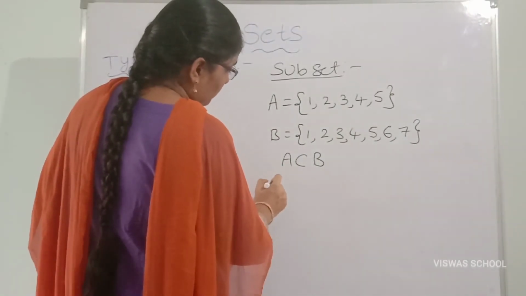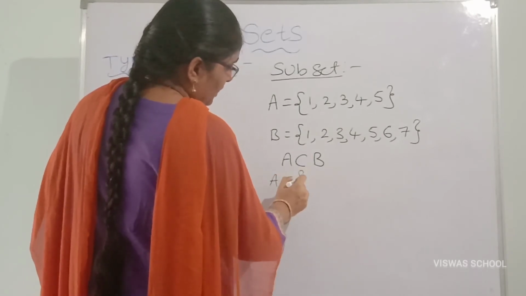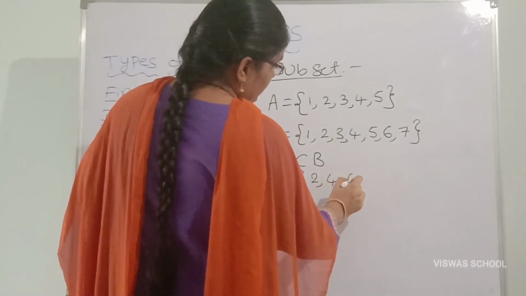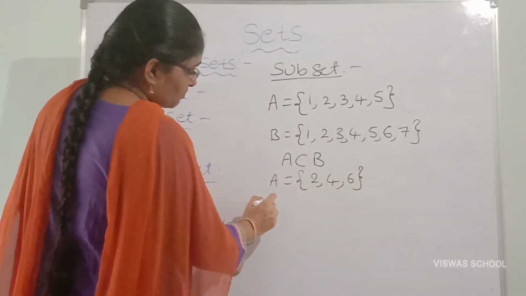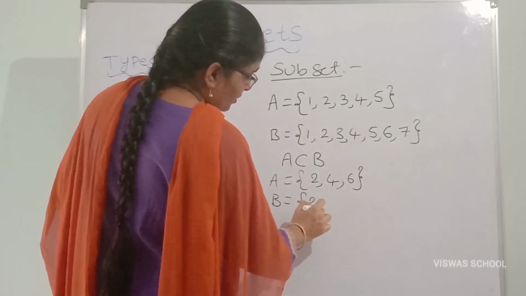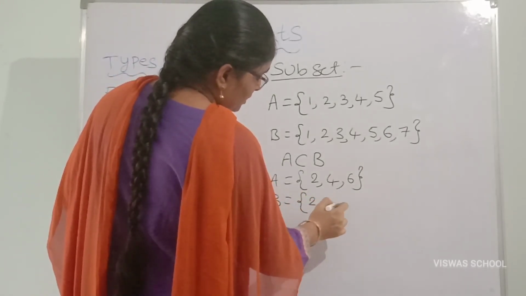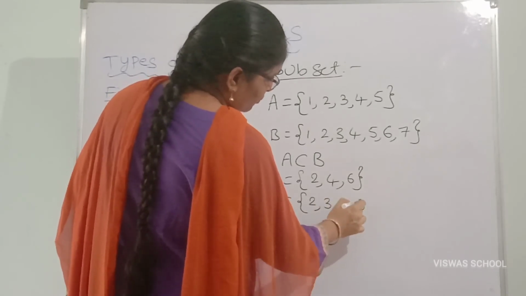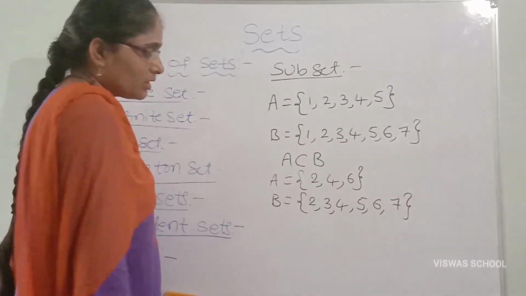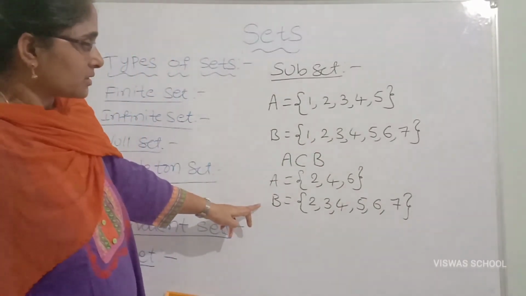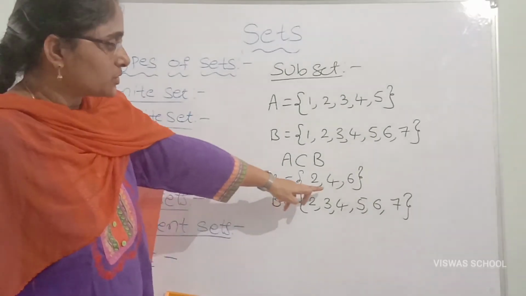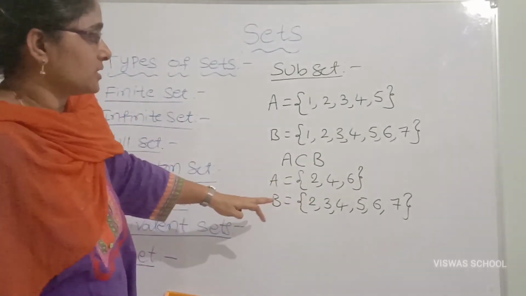See the next example. For example, A equals 2, 4 and 6, and B equals 2, 3, 4, 5, 6, 7. Is A a subset of B or not? What is our condition here?